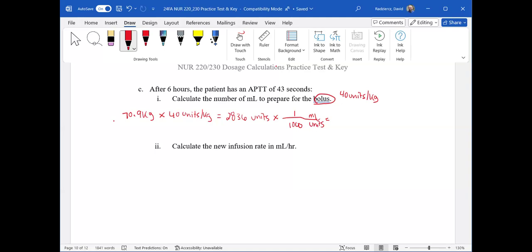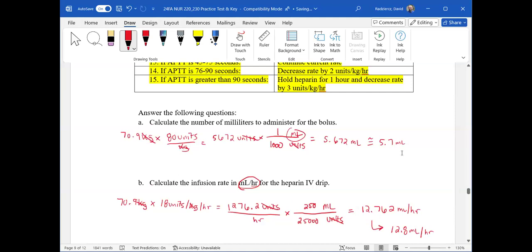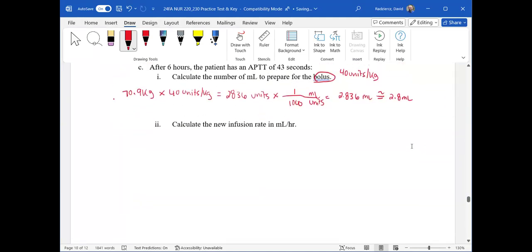And so I'm going to get an answer of 2.836 milliliters, and I'm going to round that to 2.8 milliliters, which should be half of what it says, 5.7 here. So 2.8 would be probably a better answer. So again, all I'm doing is following the protocol. Instead of using the 80 units per kilogram, I'm using the 40 units per kilogram.